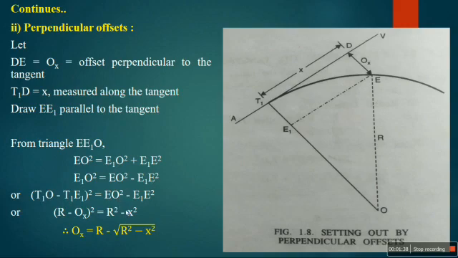Put all the values like this. Then simplify this equation to find OX. Therefore, OX is equal to R minus square root of R square minus x square. This is the formula for finding the offset at a distance of x, perpendicular from the tangent.